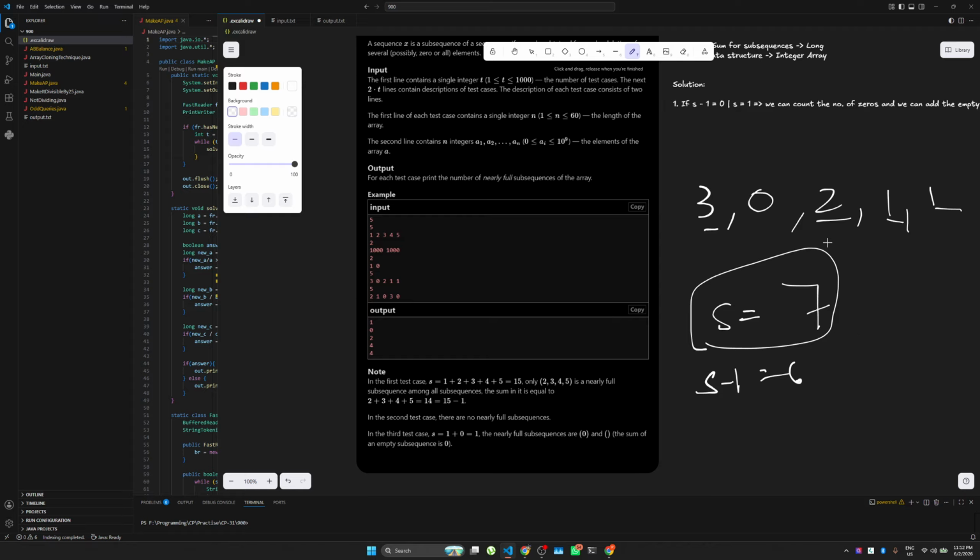So I can directly see that this is one subsequence, and that's it. But it's saying we have 4, which isn't making any sense to me. How is it 4? Isn't S minus 1 equal to 6 here?